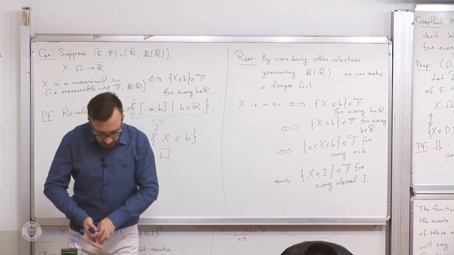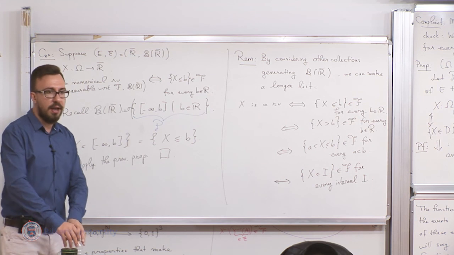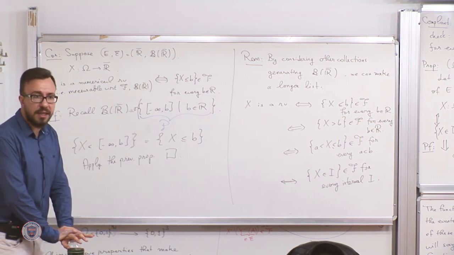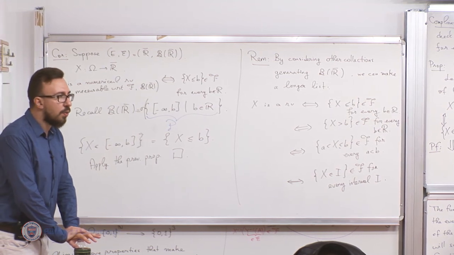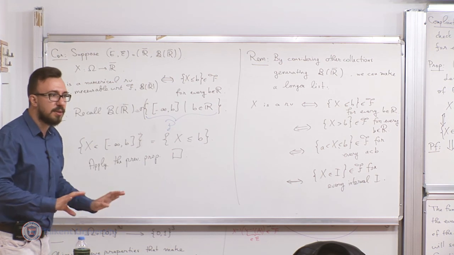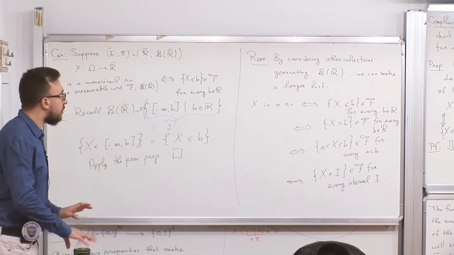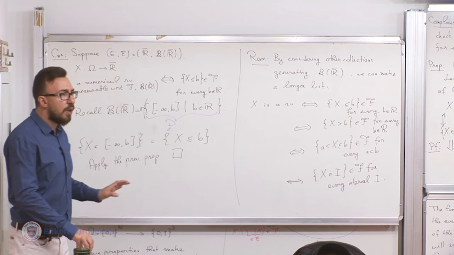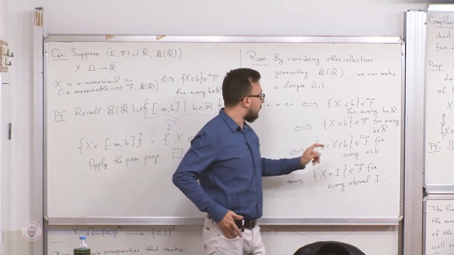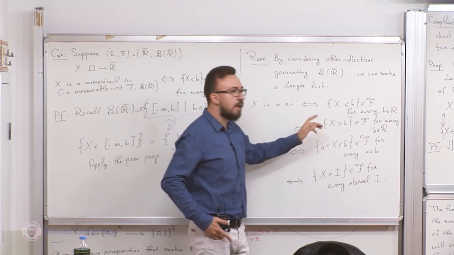Okay. Any questions so far? So now at least we got something practical, right? You want to check some random variable, some usual type, numerical random variable is measurable with respect to a sigma algebra. All you have to do is to check {X less than b} is measurable, or {X greater than b} is measurable.